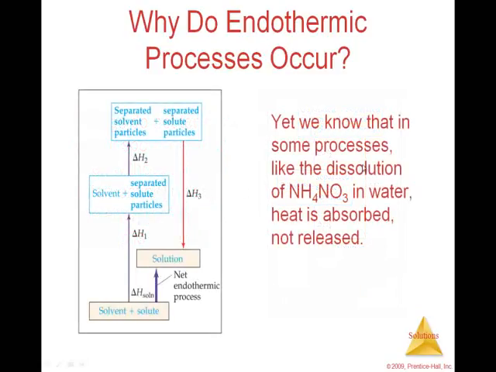So we know that in some processes, ammonium nitrate, for instance, heat is absorbed and not released. And actually, ammonium nitrate is used in the instant cold packs, right? Because they get cold, right? And that's an endothermic process. So why does that happen?